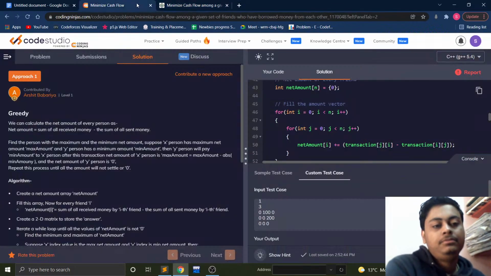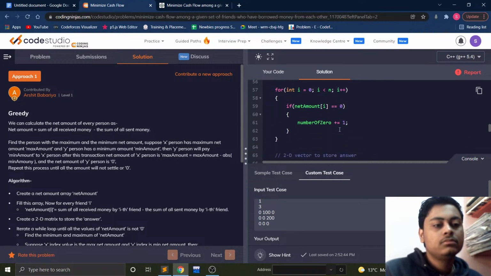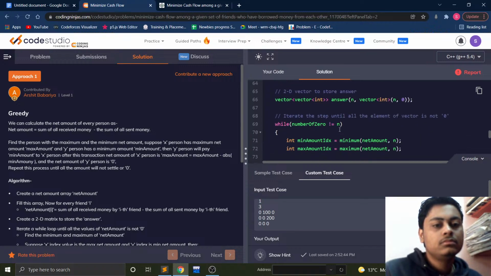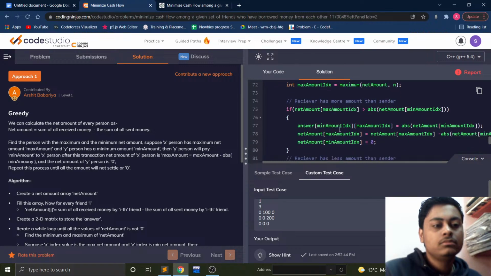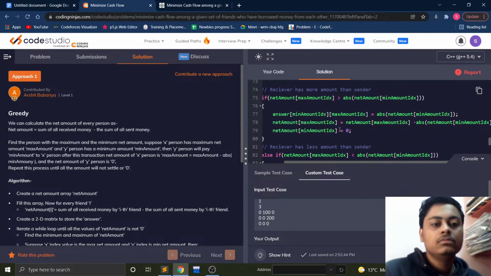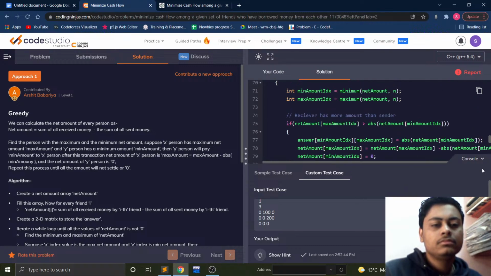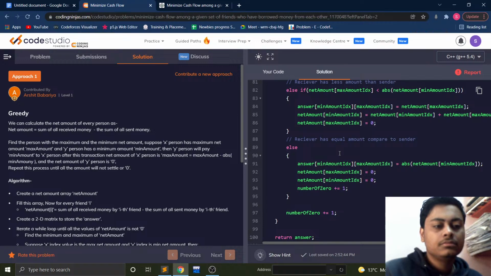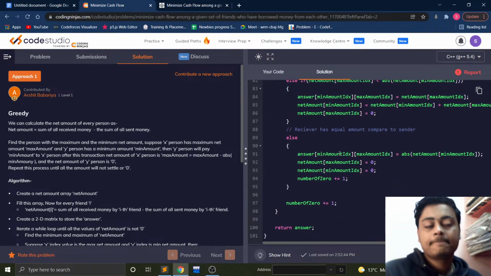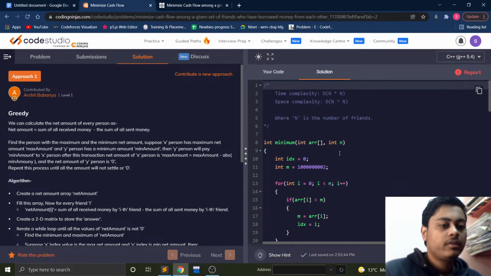Okay, but why is this problem given in easy category?